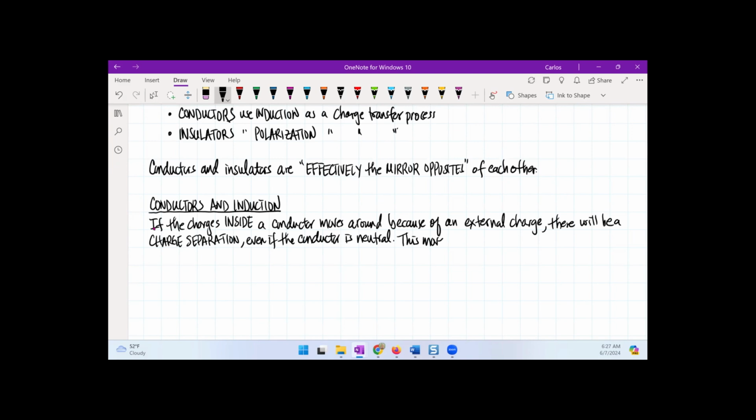This movement of charge is called induced charge, and is the main characteristic of conductors.